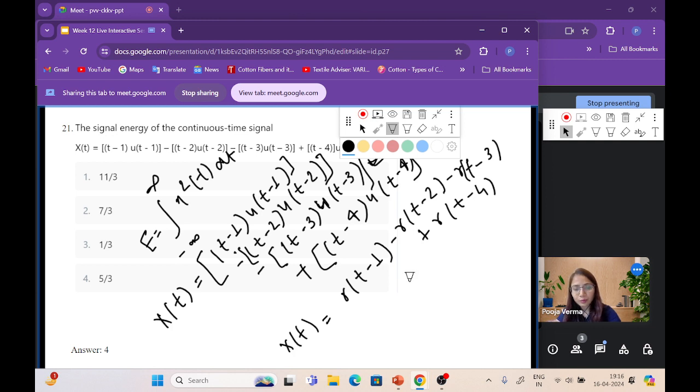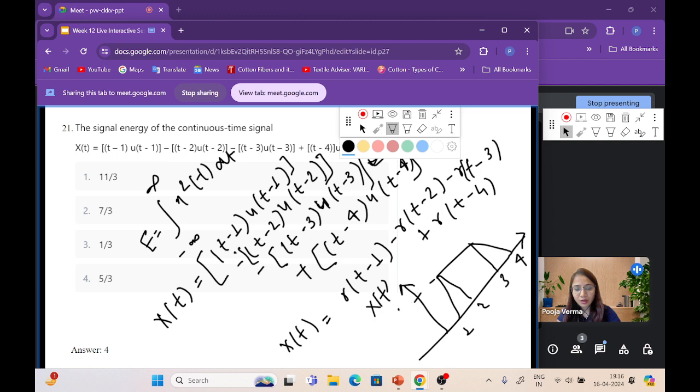If we plot this x(t), how is it plotted? Something like this, right? At 1, 2, 3, 4, if we plot the signal, we will get this at magnitude 1.